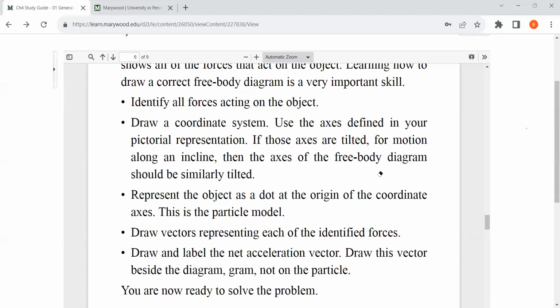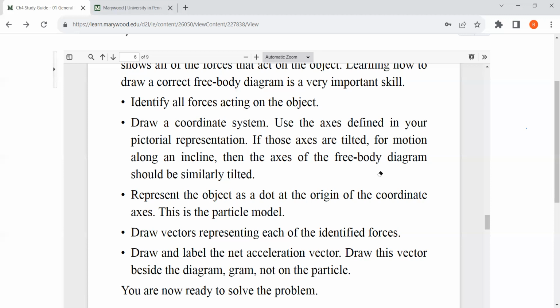Whenever we have a problem, by reading the problem, we have to understand what forces are acting on the object of our interest. There may be two different objects. If we have more than one object, then we have to draw a free body diagram separately for each object.